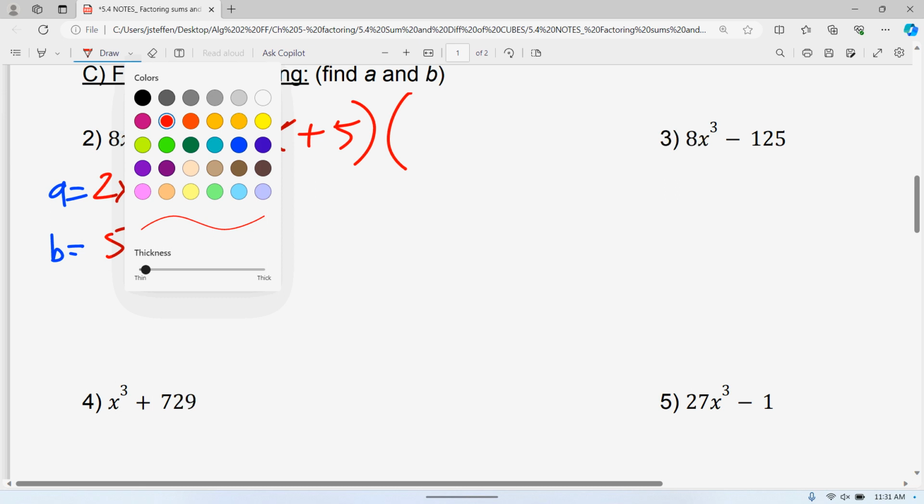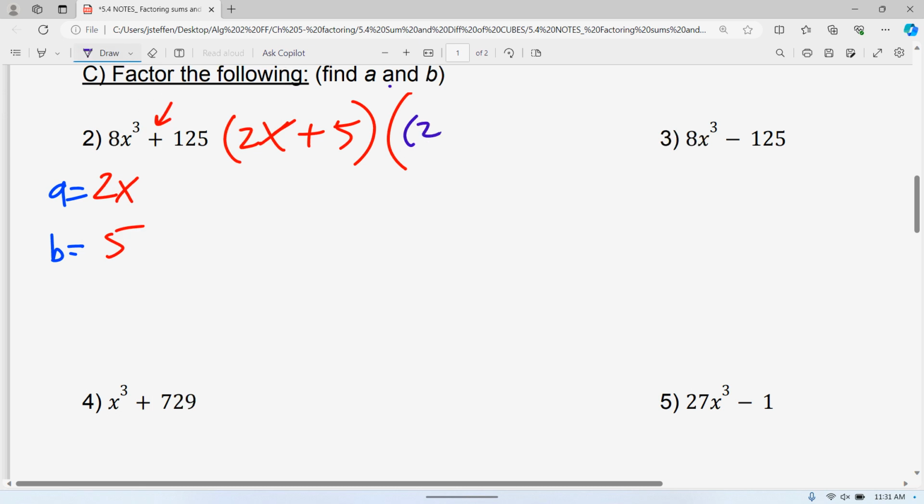This is where a lot of people are going to make mistakes. 2x squared. This is minus, so we have, those are always opposite, 2x times 5, plus 5 squared. We will simplify that when we get back from lunch, but please make sure you're using parentheses. I'll tell you why in a second, because that's the hardest part that a lot of people miss.